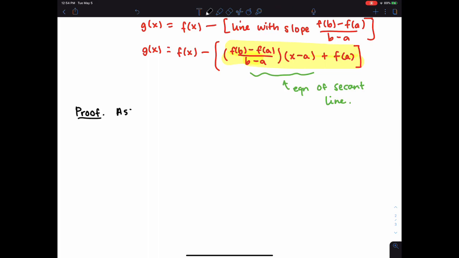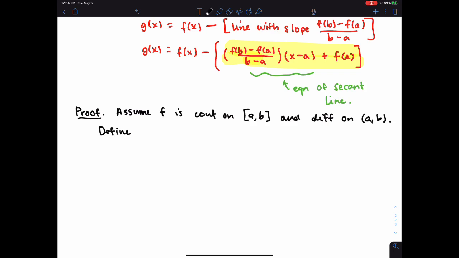So we're going to assume f is continuous on the closed interval [a, b] and differentiable on the open interval (a, b). And then we're going to define g of x to be equal to f of x minus that equation of the secant line.